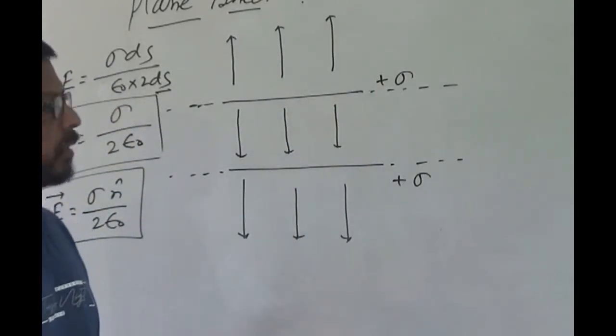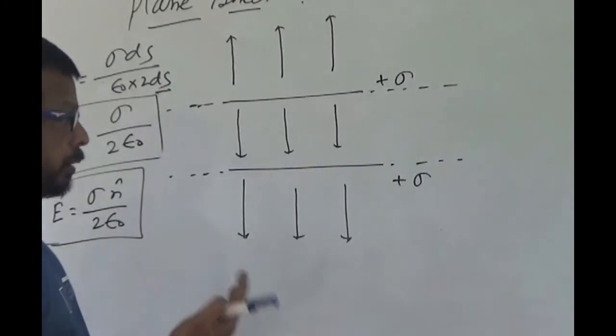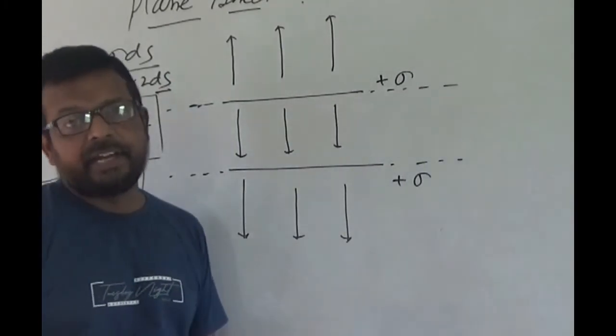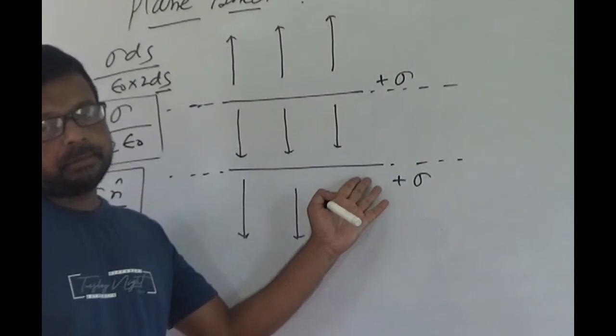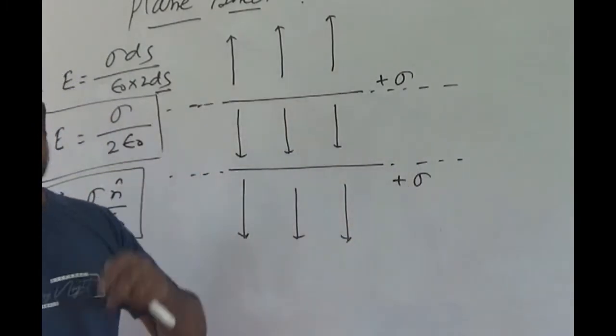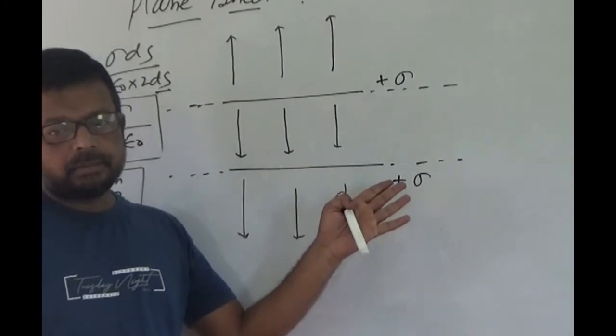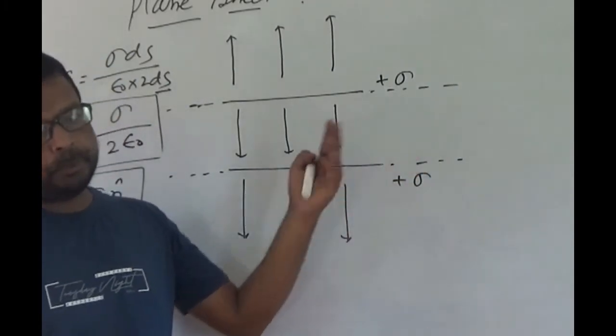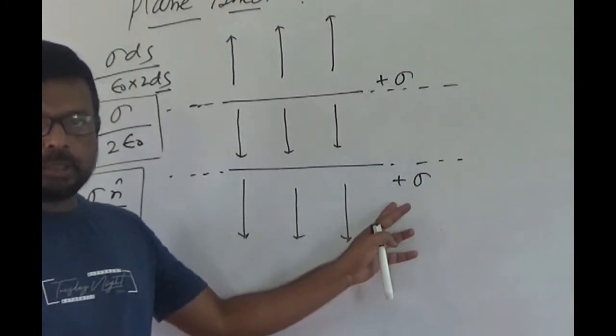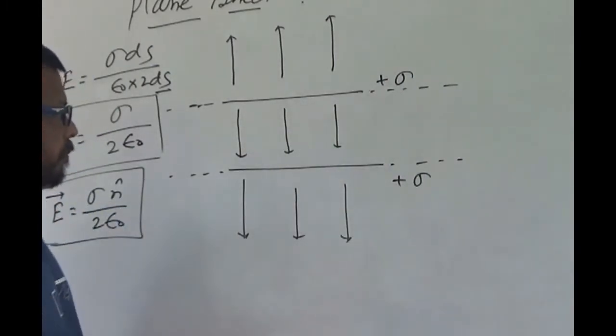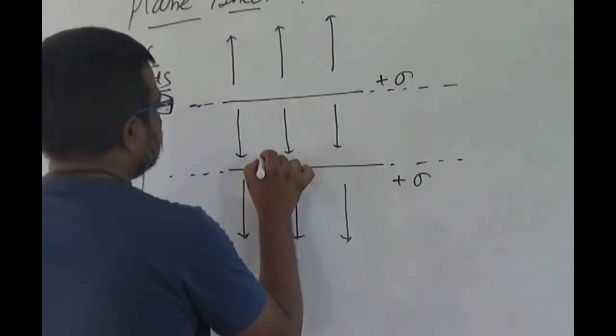Clear? Now we are going to draw the electric field lines due to this charged infinite plane sheet. For this case also, the field lines are going away from the sheet because it is also charged with plus sigma. Going away, right?